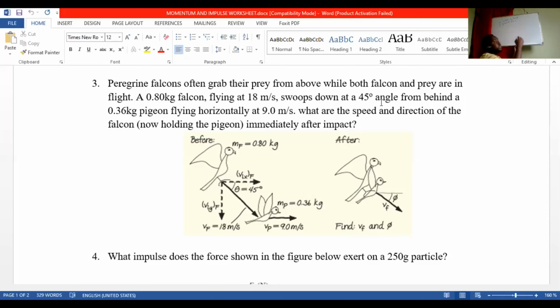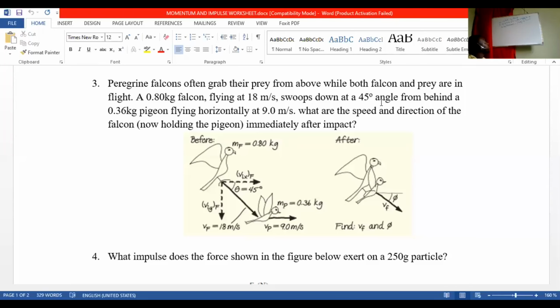After collision, it will be the masses of the pigeon and the falcon times VF sine theta. So we substitute: 0.80 times 18 sine 45, plus 0, equals 1.16 times VF sine the angle.